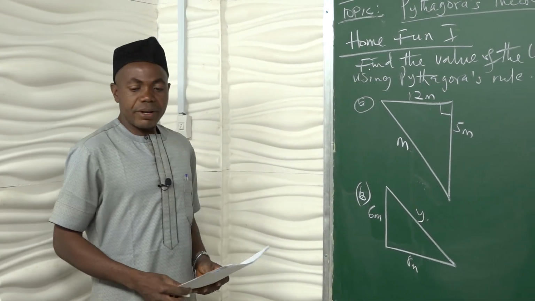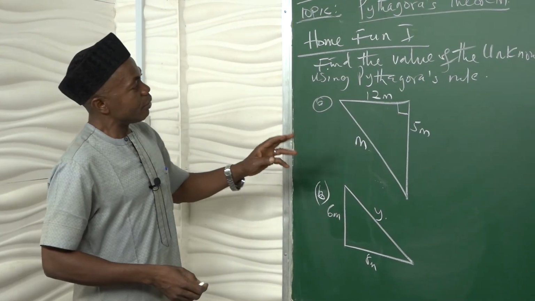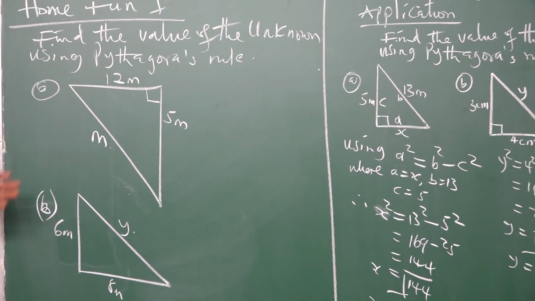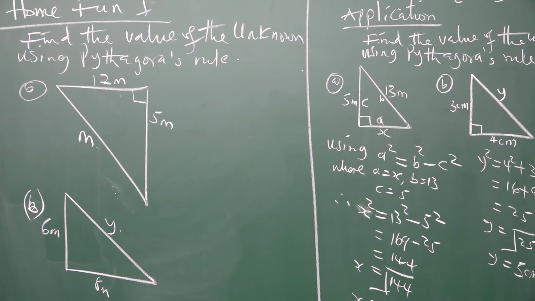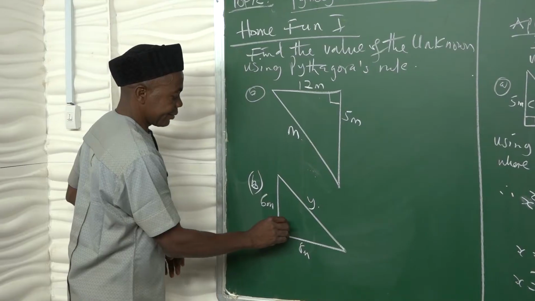I have 2 questions for you on the board for your assignment. Find the values of the unknown using the Pythagoras rule. It's left for you to identify the sides we are looking for, whether it is the longest side or the shortest side.